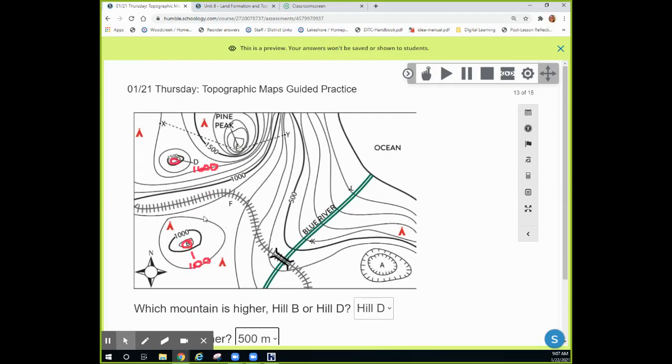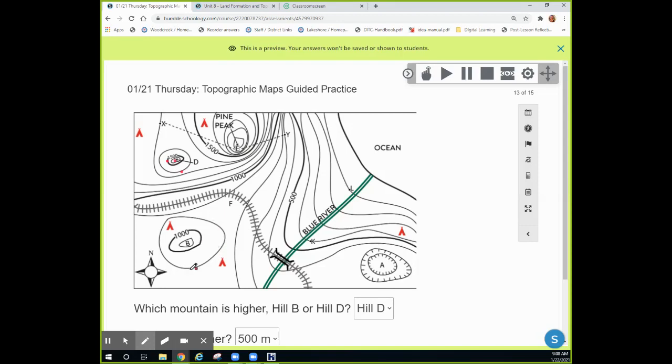One of your classmates stated that another indicator that D is taller than B was that he counted the contour lines for each hill. And that is a really great strategy, so let me show you that. D, without doing any math, you have 1, 2, 3 intervals.